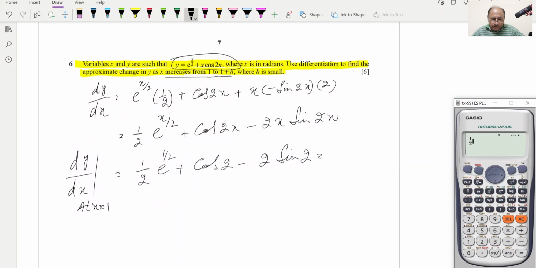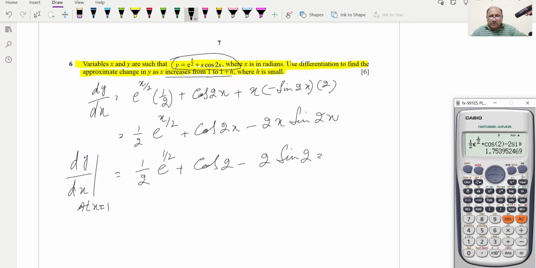Now we can find this value. This will be 1 over 2 and e raised to the power 1 over 2, plus cos of 2, and minus 2 sine of 2, bracket close.